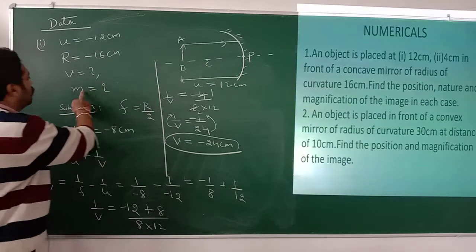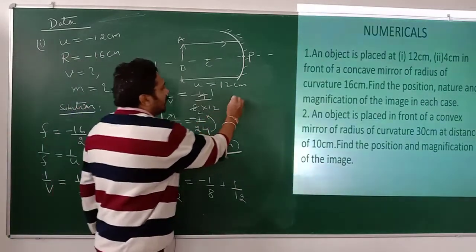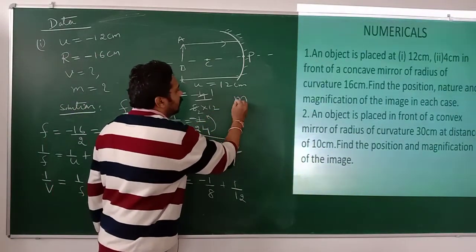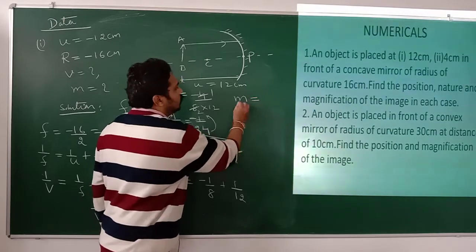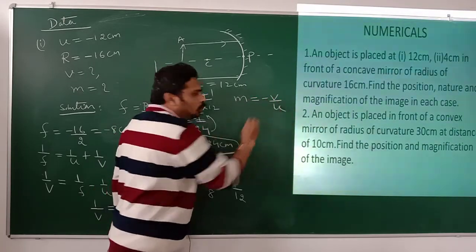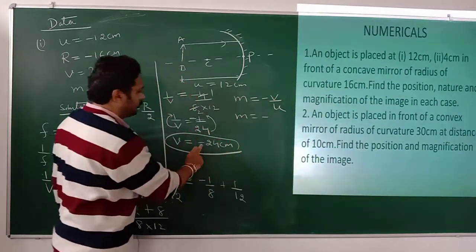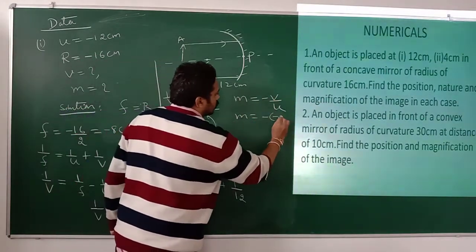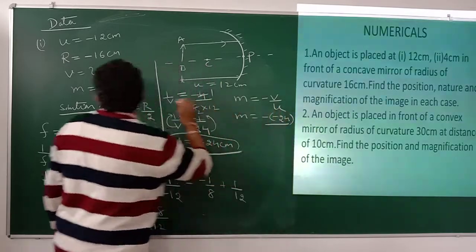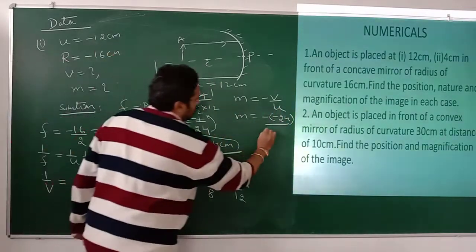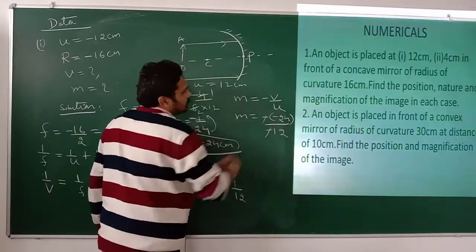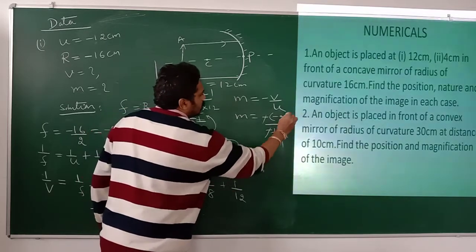And then I have to find out the magnification. What is the magnification formula? The relation between M, U and V is M is equal to minus V by U. Now M is equal to minus V by U. What is V? Minus 24, divided by U. What is U? Minus 12. This minus minus cancels. 12 ones are 12, 12 twos are 24.